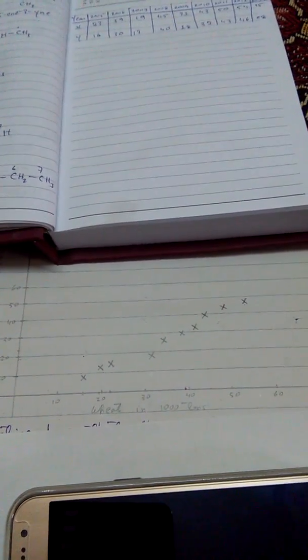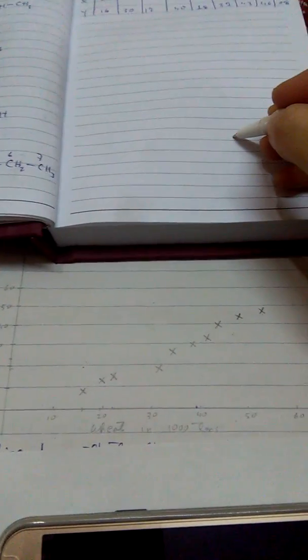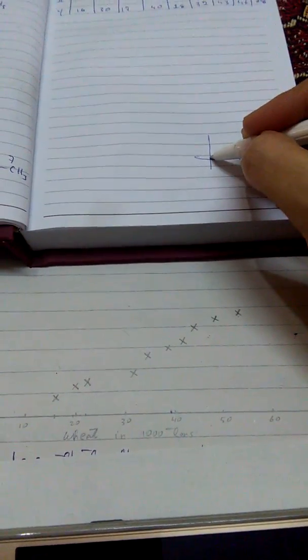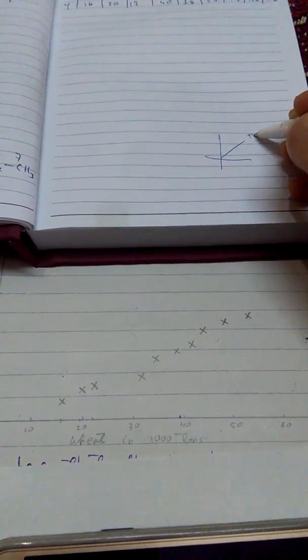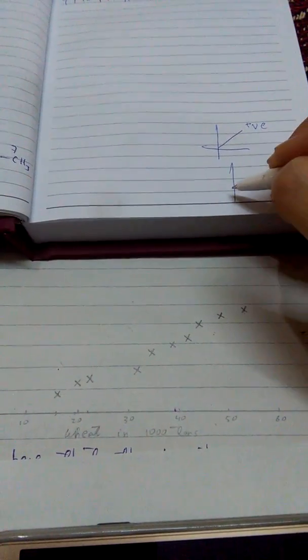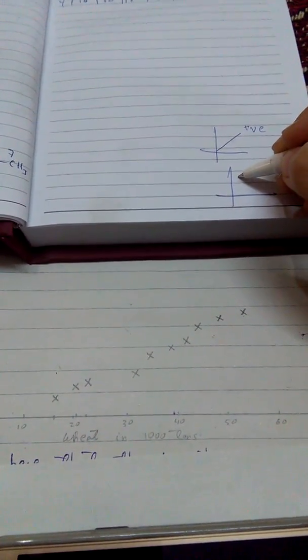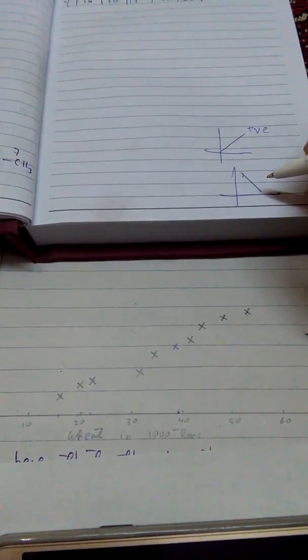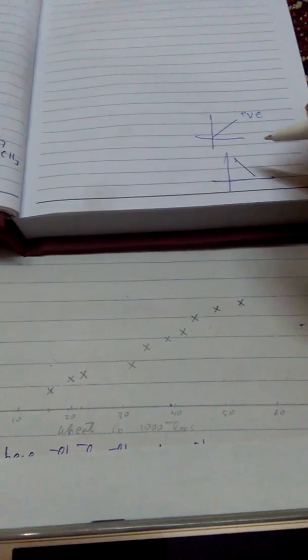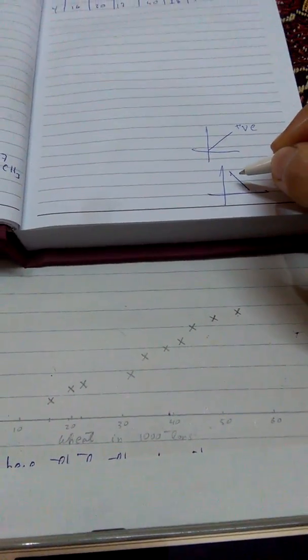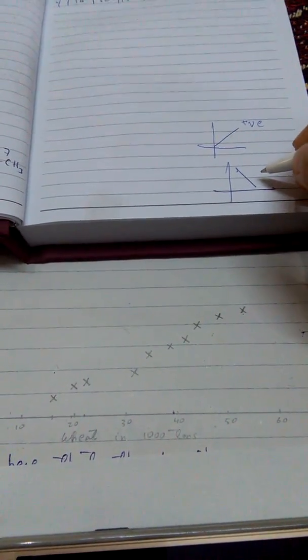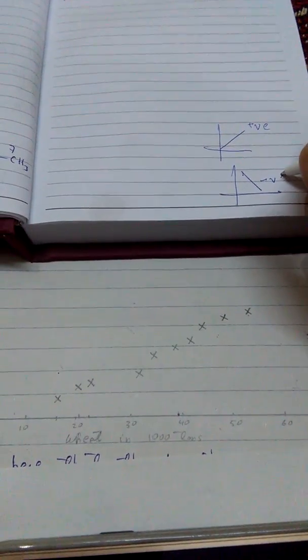Okay, and one thing more that I need to share: if you're plotting and you're having a straight line like this, and this line is going uphill to right, then the slope of such lines is always positive. We have a mathematical explanation over here. And if your line is plotted in this way, then you will say that it is moving downhill to right, so such a line has a slope of negative value.